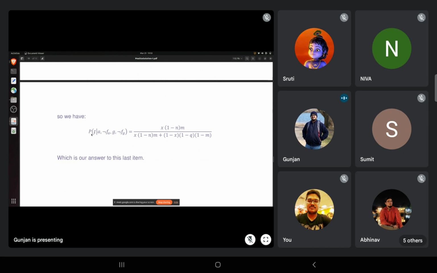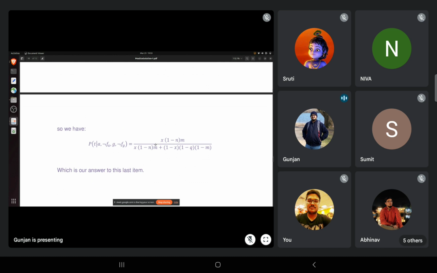So the probability that the temperature is high, given that the alarm sounds and the alarm is not faulty and the gauge is not faulty, will finally boil down to these values. And if you know X, N, and M, you can get the final answer.